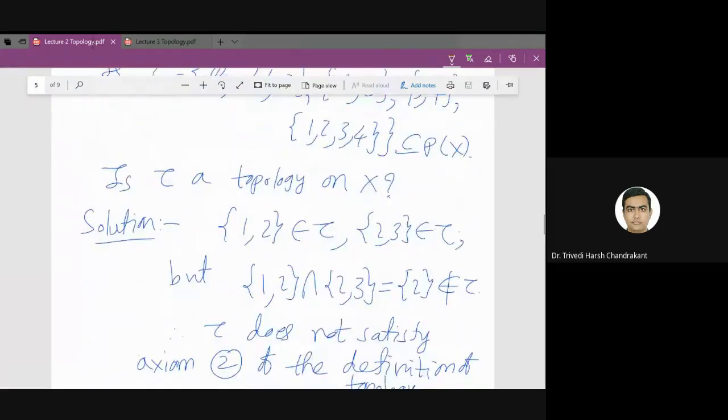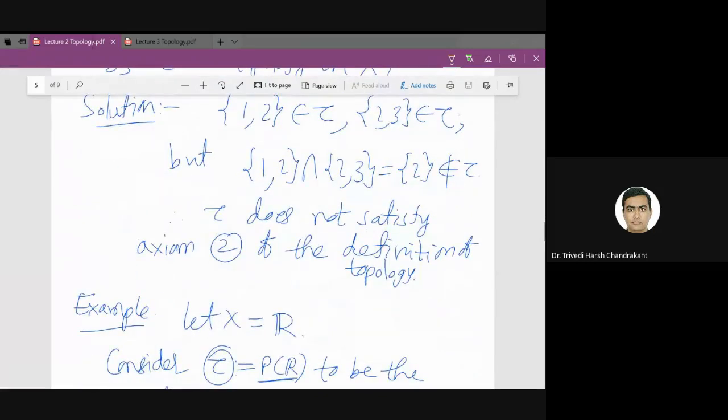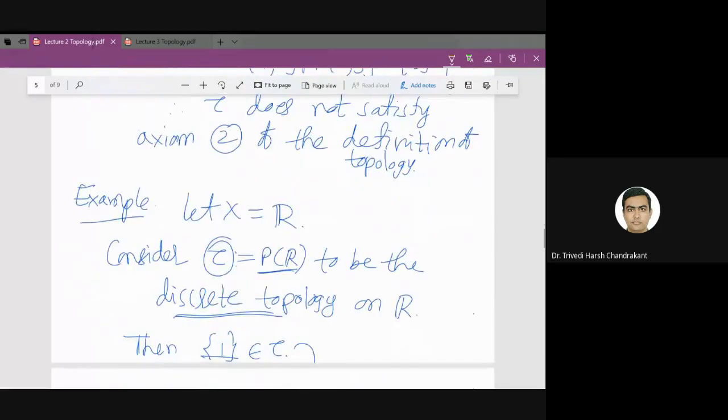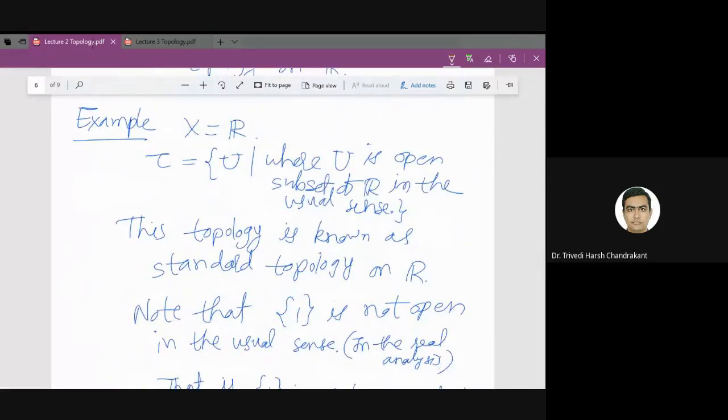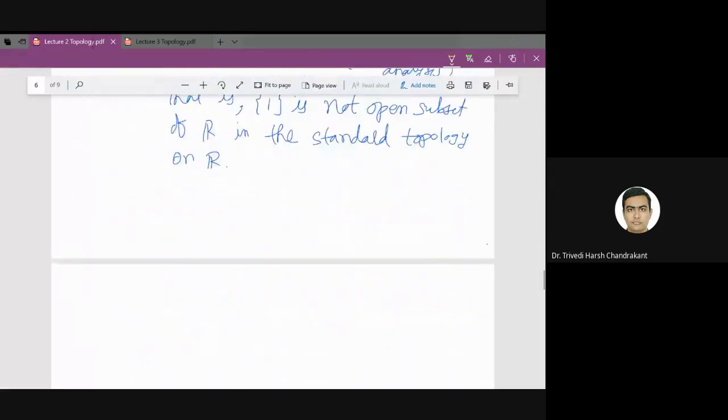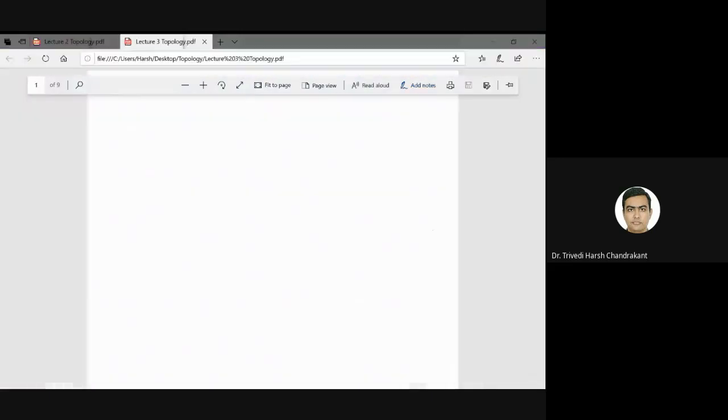And then we checked that this other collection is not a topology because the intersection property is not satisfied here. Then we were discussing standard topology. So let us start with some new example today.